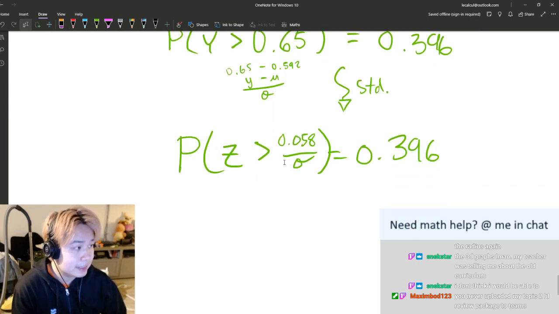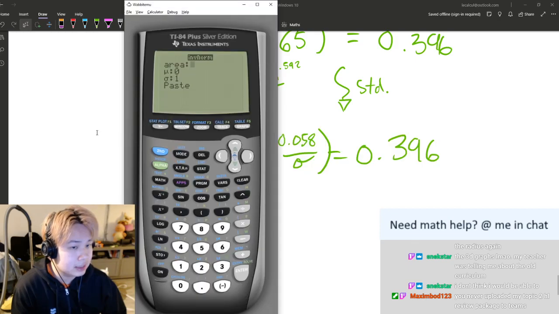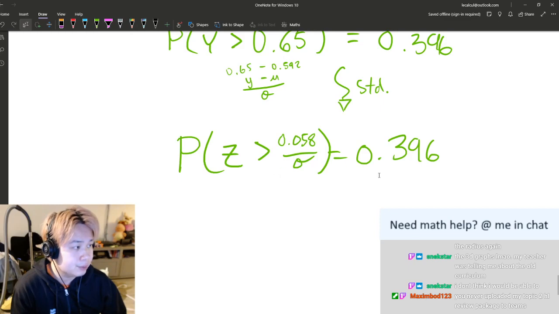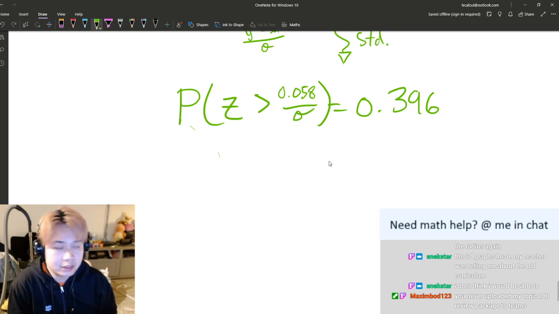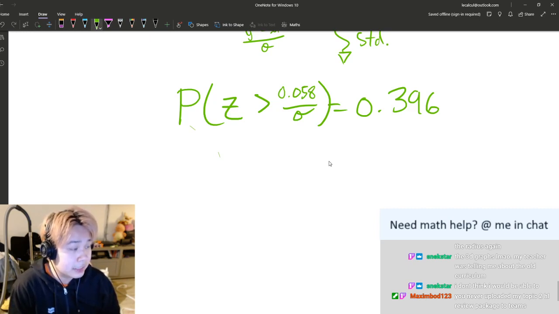However, after we standardized it, we can use the inverse normal, and that returns to us the z-score. And then we can equate the given z-score from the calculator with the expression for the z-score from the z-score formula. And then you can solve for sigma that way. Okay, one thing to note though is, first off, inverse norm requires an upper boundary. This is a lower boundary.